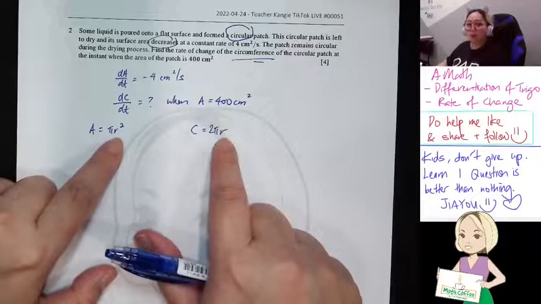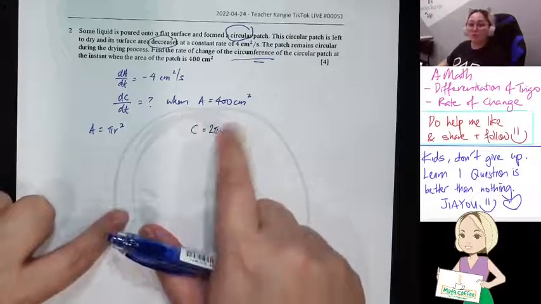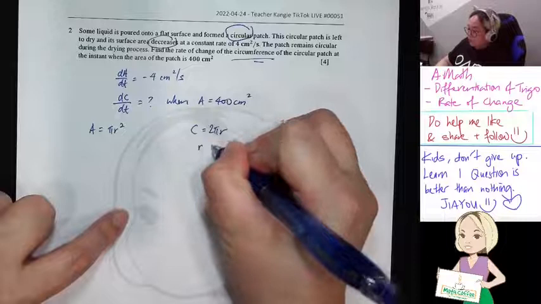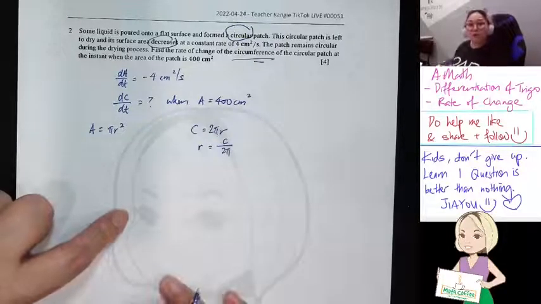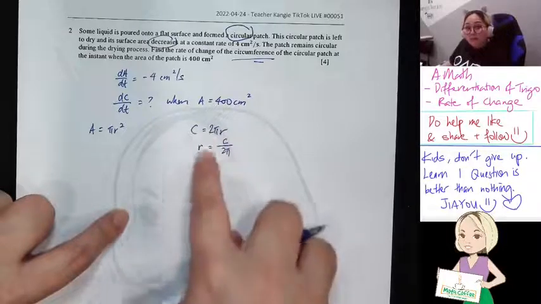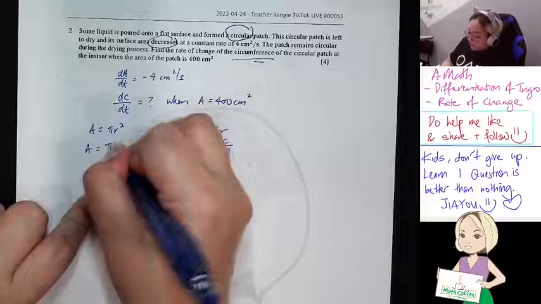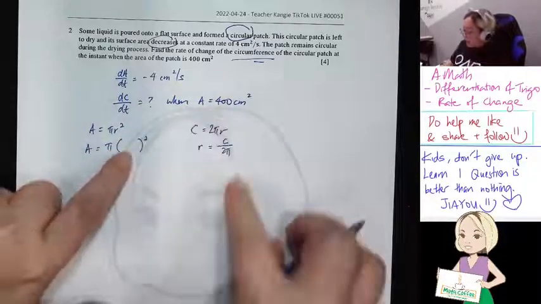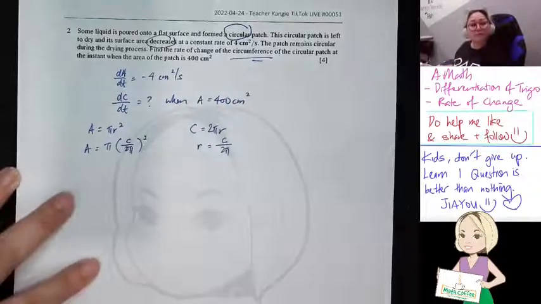The r is common. So I'm going to make r the subject. My r is equal to C over 2 pi. With this, I can substitute into my A. So A equals pi r squared, and my r now becomes C over 2 pi.